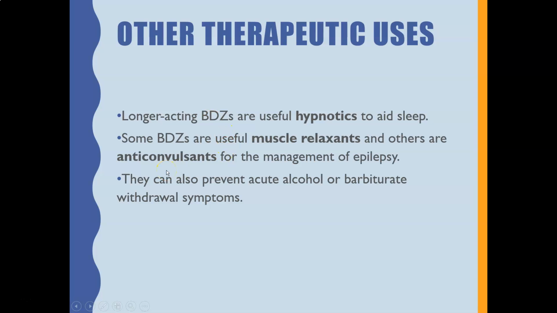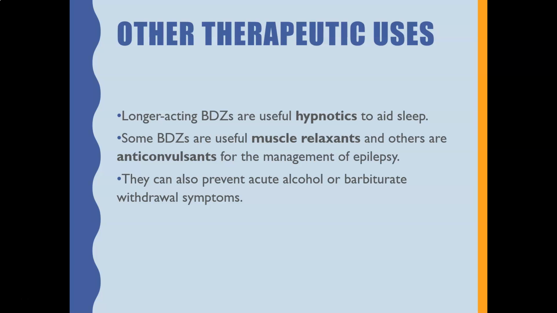There are some other therapeutic uses for benzodiazepines. Longer acting ones can be very useful hypnotics to aid sleep and produce relaxation. Some of these benzodiazepines, because they work on GABA, are also very, very good muscle relaxants. Others can be anticonvulsants. Remember that epilepsy usually happens because of too much glutamate.